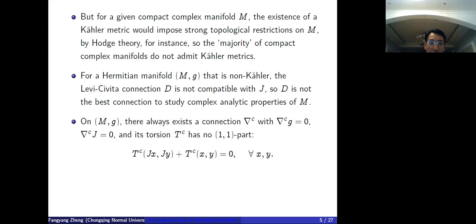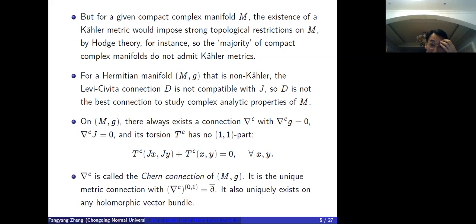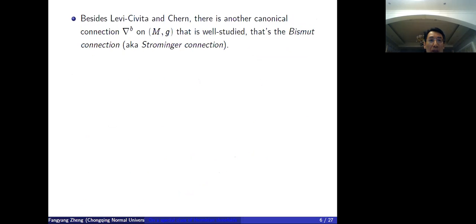Such a connection uniquely exists on not just the tangent bundle, but any holomorphic vector bundle. It just requires the connection to be compatible with the metric and also with the holomorphic structure. That's what complex geometers use the most. In algebraic geometry, people use this connection.